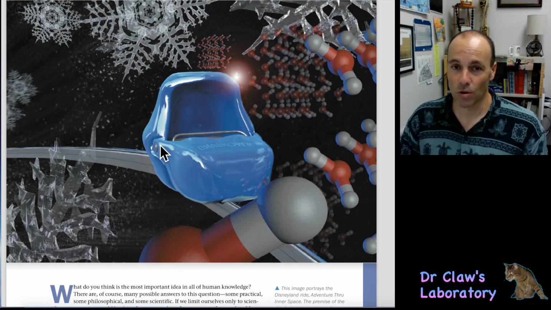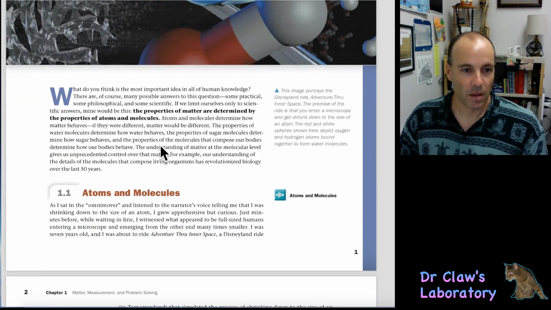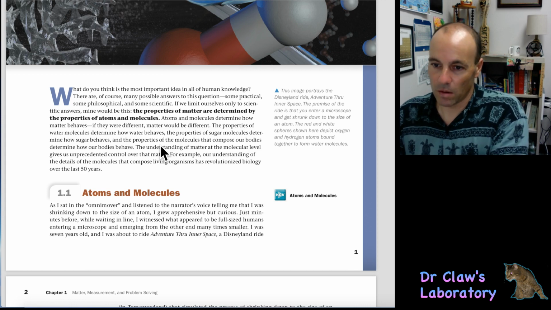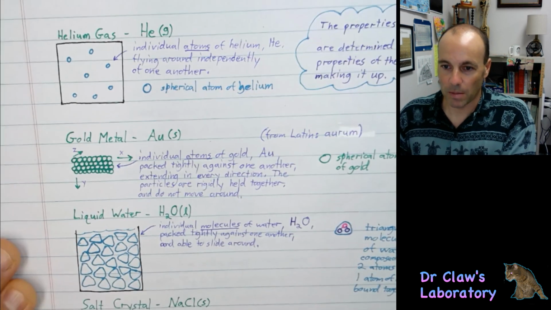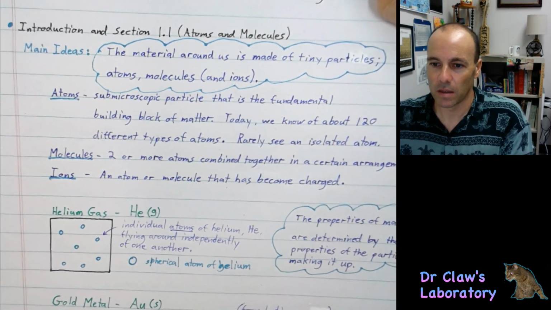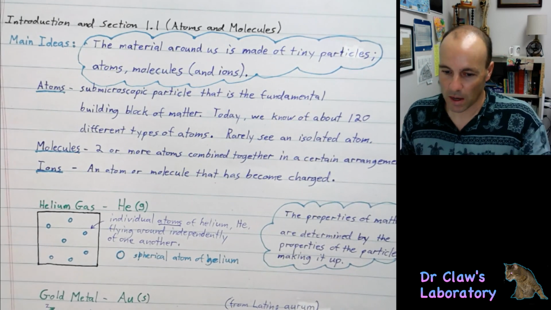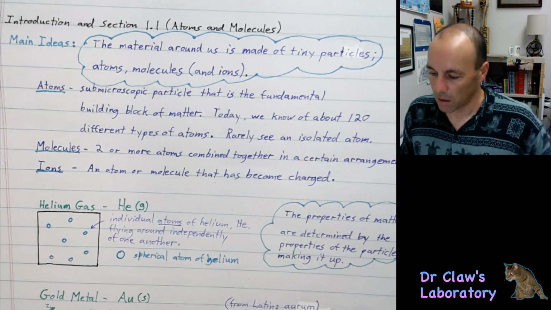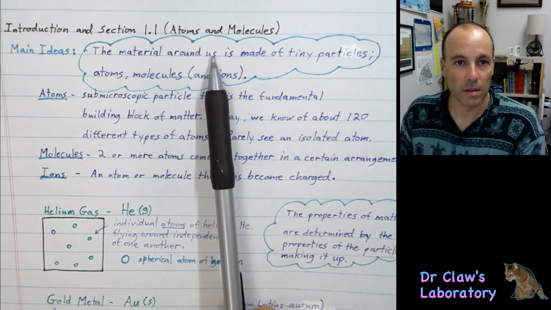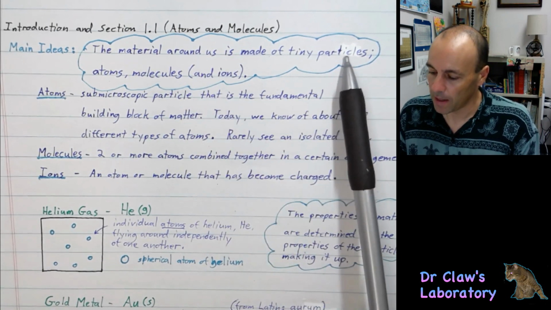Okay, so this is Tro's textbook, the 4th edition that we're looking at. Now, let me jump over here to the documents. The main idea in section 1.1 and also the introduction is that all of the material that you see around you, all of the material around us, it's called matter, is made of tiny particles.